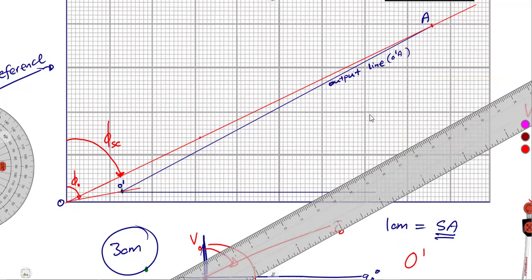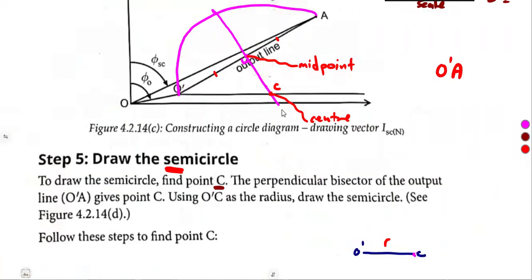On the output line, you are going to need halfway of that line. That is where we are going to construct 90 degrees. Let's go back here.